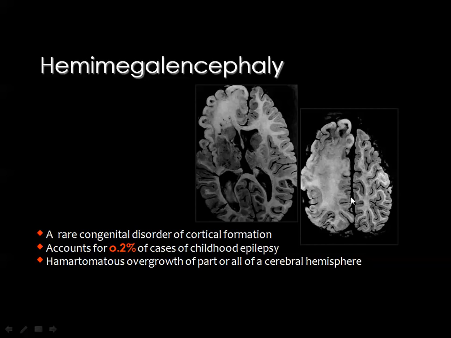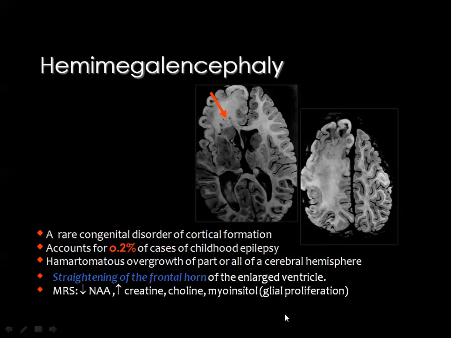There is enlargement of the lateral ventricle of this cerebral hemisphere, and the most important sign for the diagnosis is a straightening of the frontal horn of the lateral ventricle. You know, normally the frontal horn of the ventricle is facing laterally, but the frontal horn of the hemimegalencephalic hemisphere is pointing anteriorly.